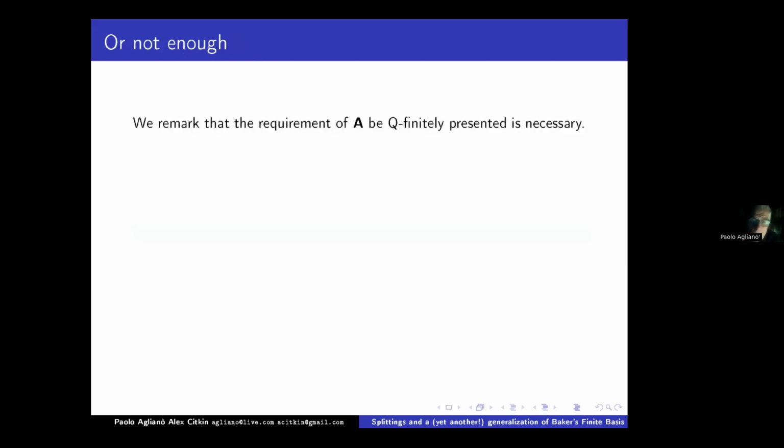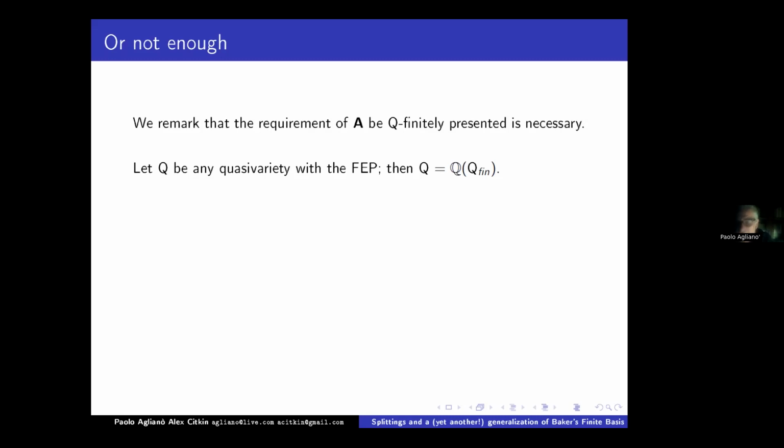Now, the requirement of Q-finitely presented is necessary. So finitely generated is not enough, right? Because let's take any quasi-variety with the finite extension property. Then of course, Q is generated as a quasi-variety by its finite algebras, just because of the definition of finite extension property.